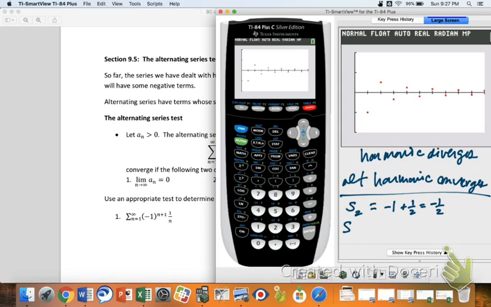If I looked at maybe S4, that would be -1 plus 1/2 minus 1/3 plus 1/4. And you can see maybe how the fact that these signs alternate from negative to positive are going to actually make the partial sum approach 0 faster than if the signs didn't alternate.